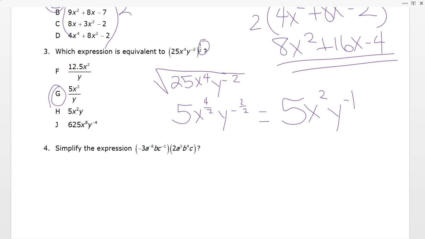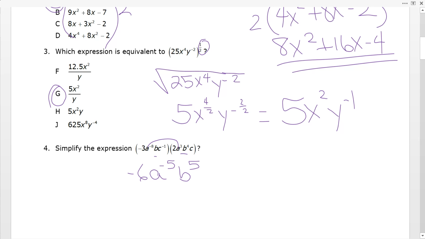Number 4, we're just multiplying everything together. So I'm going to multiply my negative 3 times 2, which is negative 6. I'm going to put my a's together, which I have negative 8 plus 3, which makes negative 5. I have b, 1 and 4 more, makes b to the 5th.